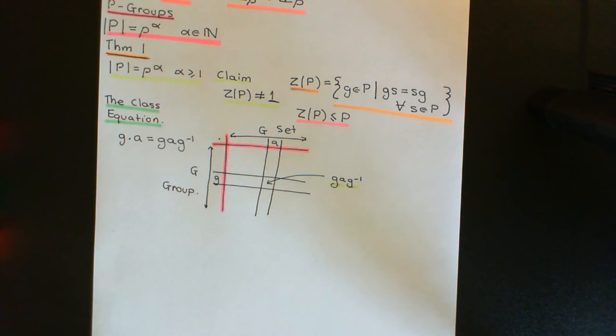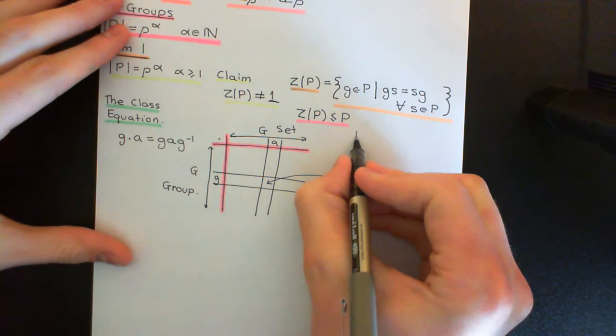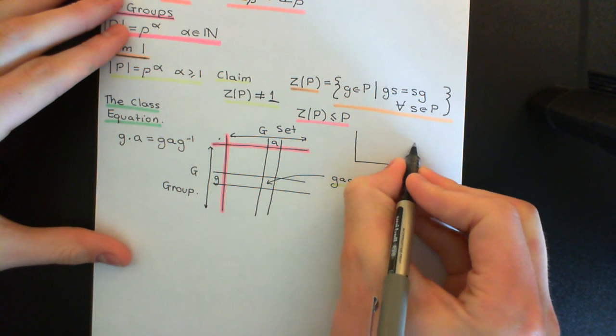And now what we can use it to do is partition up the set on which it's acting. For an arbitrary group action, one of the great things that you can do is partition up the set on which the group is acting into orbits of that group action, and we can apply that here. Of course, the set on which the group is acting is just the group itself.